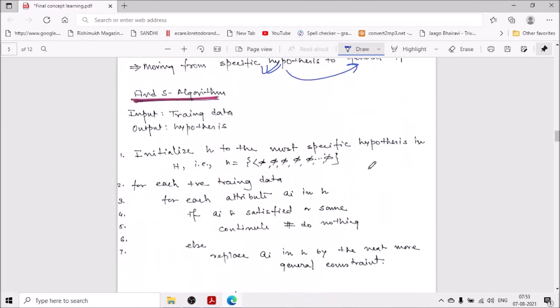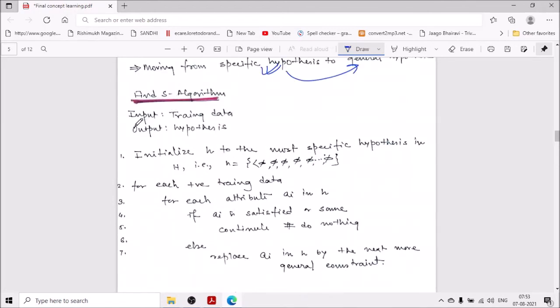First of all, let's see the Find-S algorithm. Here the input is the training data with the class label, and the output is a hypothesis. Initialize hypothesis h to the most specific hypothesis in capital H, where H contains all the hypotheses. That means h is the most specific.